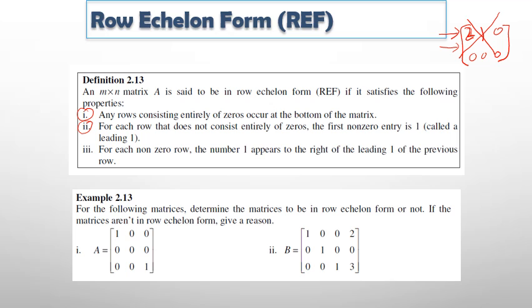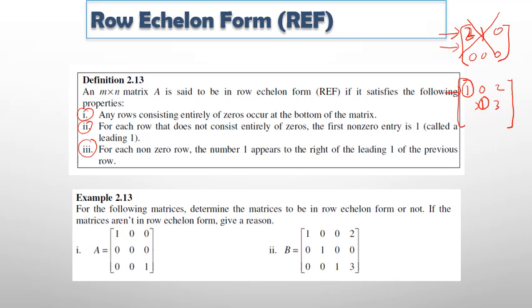And then for number 3, for each non-zero row, the leading one appears to the right of the leading one of the previous row. If we have 1 for the first row, then for the second row, it must be 1 here or 1 here. It must appear to the right of the first leading one.